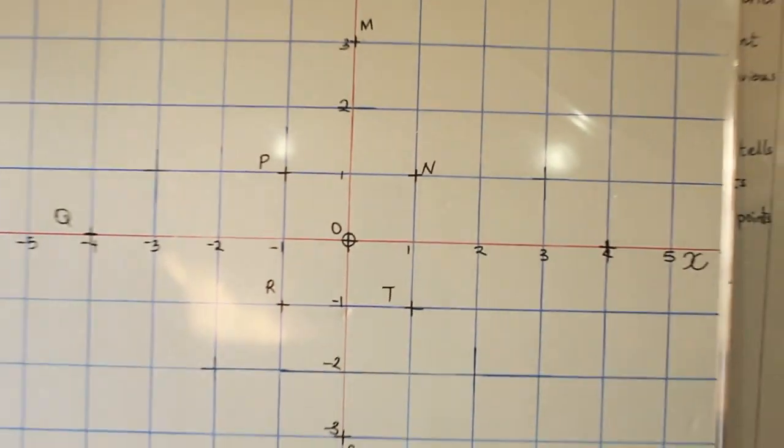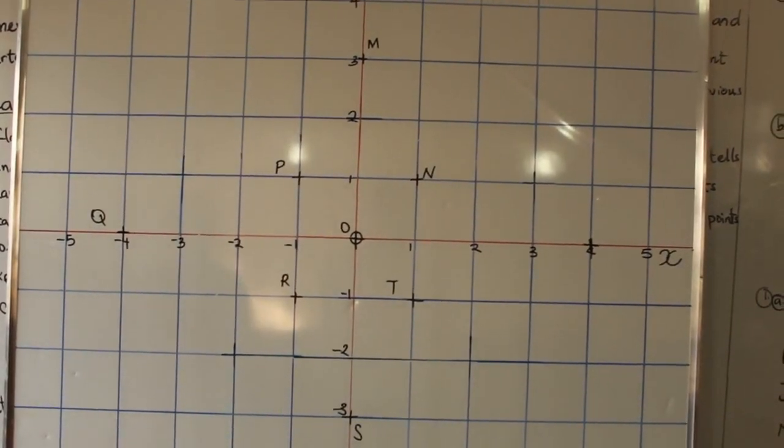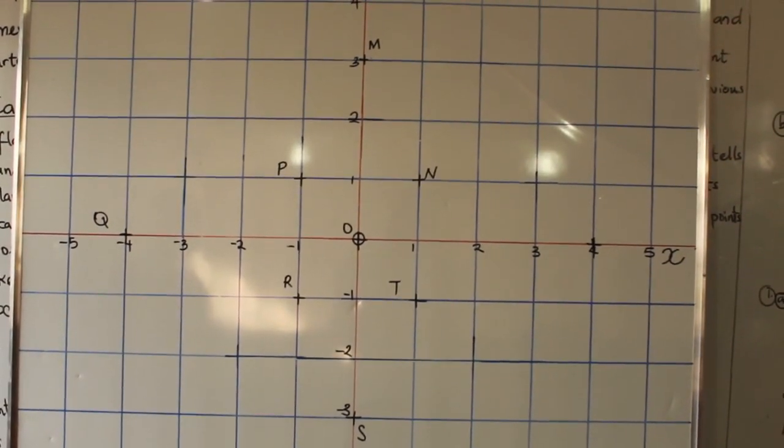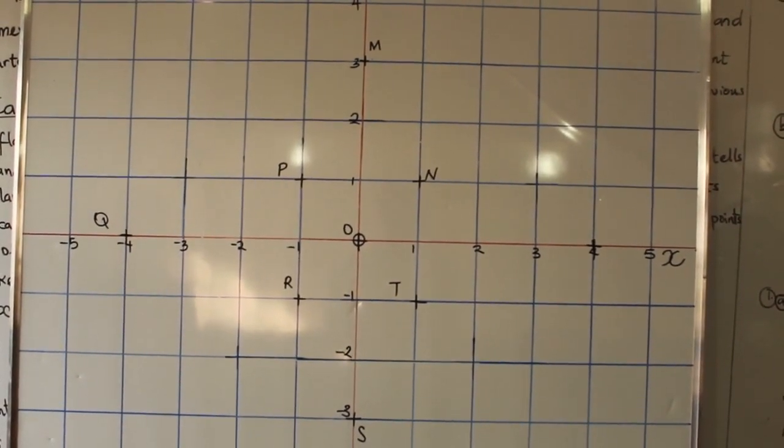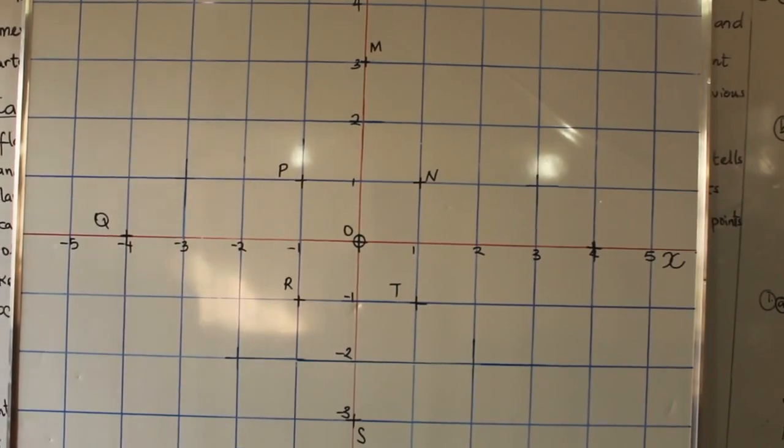Now, we are joining the points. We are told to join M to N. M to N. So I'm going to do that quickly.